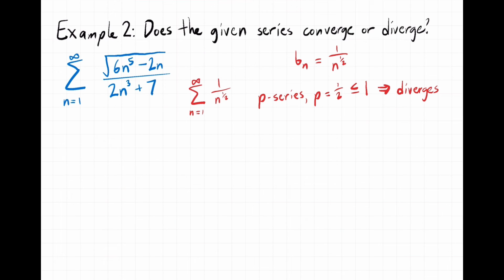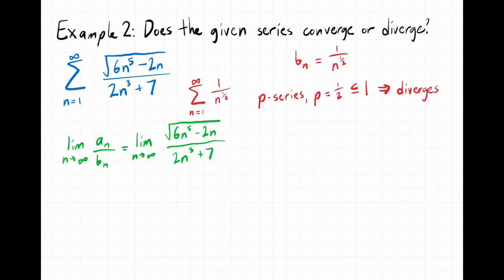So let's find the limit as n goes to infinity of a_n over b_n. And that is the limit as n goes to infinity of the square root of 6n to the 5th minus 2n over 2n cubed plus 7, all of that divided by our b_n.